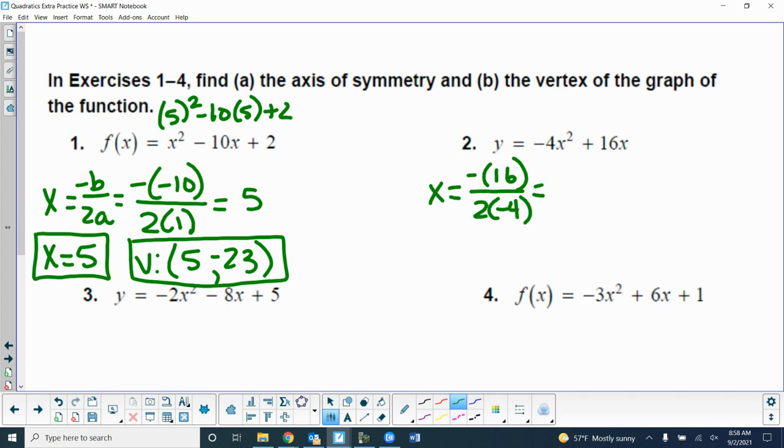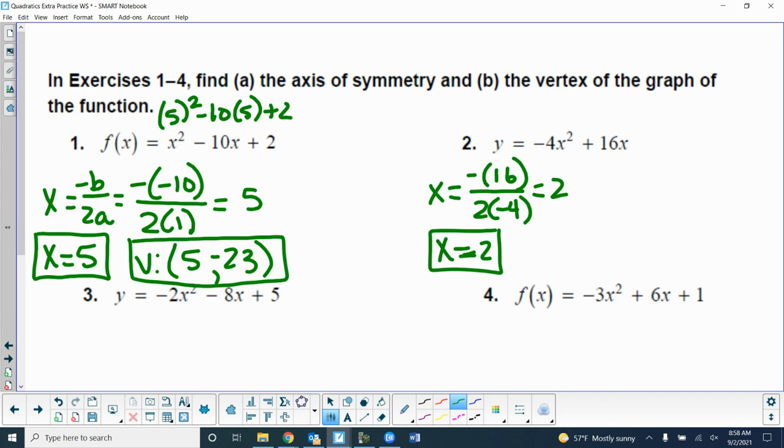2a. What's that equal? Positive 2, right? So there's our axis of symmetry. And what do I do again to find the vertex? Plug it into the function, right?